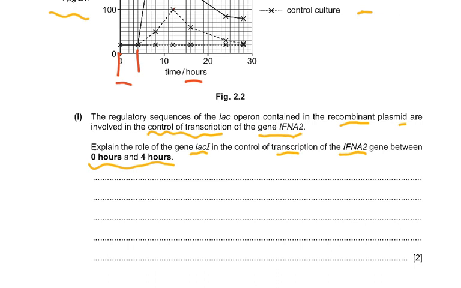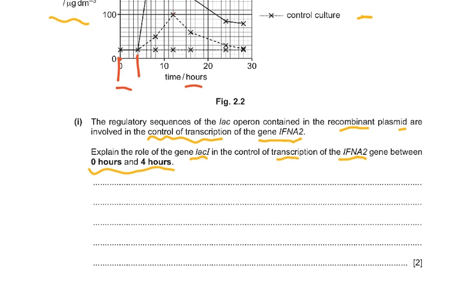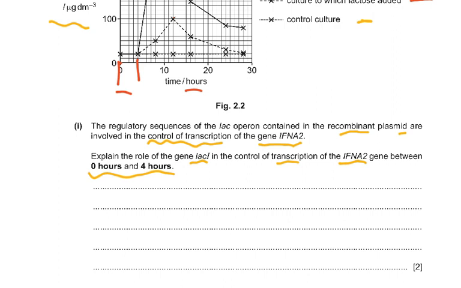Why? Because maybe it codes for the repressor protein that binds to the operator. So maybe there's a repressor protein that is binding to the operator. That is why RNA polymerase is unable to continue with transcription, but some of it is being made because 20 micrograms per dm cube is still being made, because here you can see this is 20.